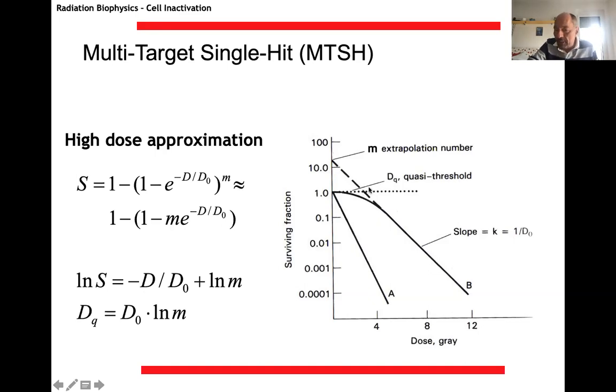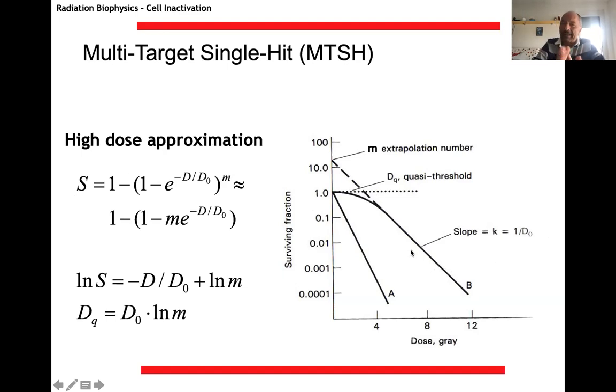This dose Dq, which is defined here, Dq is D0 times the logarithm of M, is the so-called quasi-threshold dose, because the problem of the multi-target is that the initial slope will always be 0, so it is flat here. So you have a quasi-threshold dose when you start to see the curvature, and you can express it in this way. And the final slope, in the high dose approximation, is reduced to this one. So the final slope is 1 over D0.